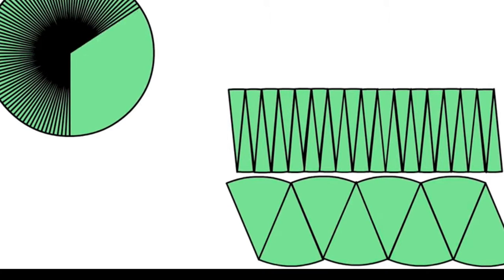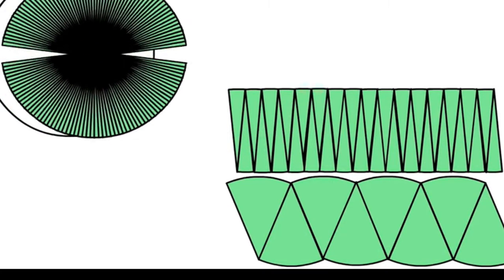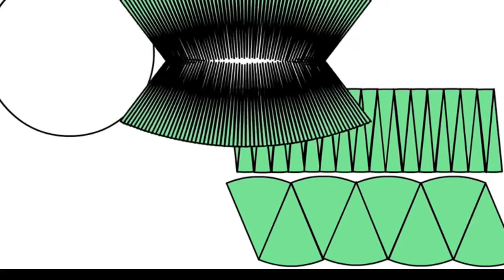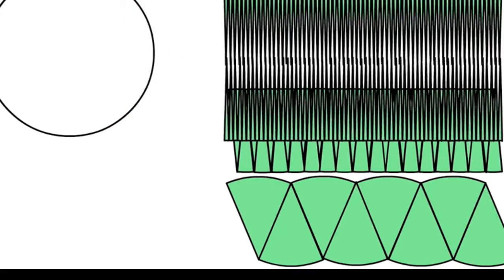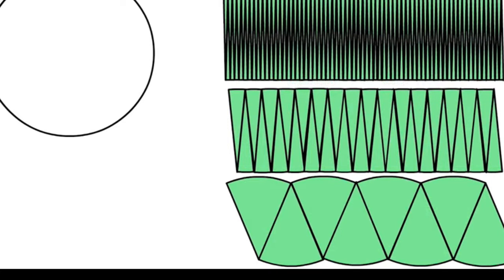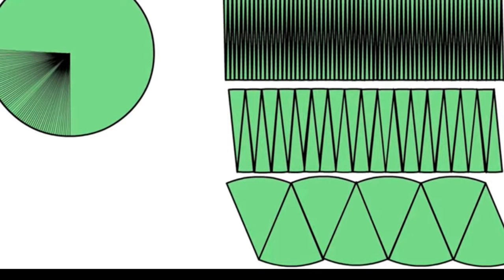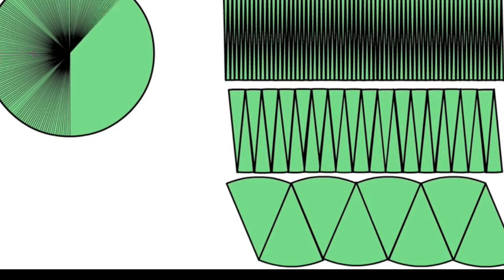So, if we divide the circle into even more smaller pieces, you can see that every time the shape becomes more like a rectangle. So, how small must we divide a circle before we can get a perfect rectangle? That one.